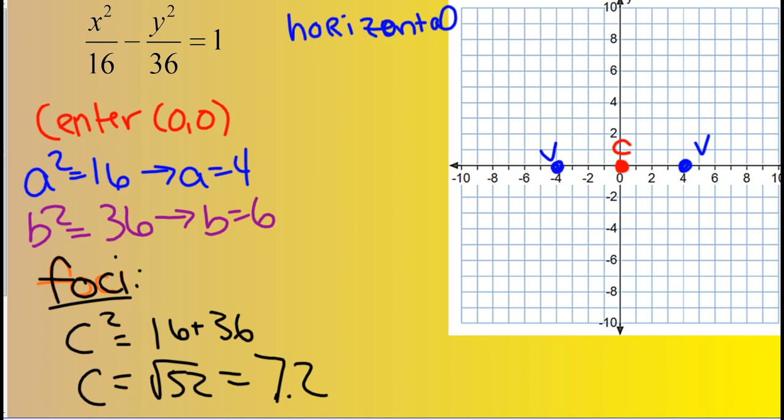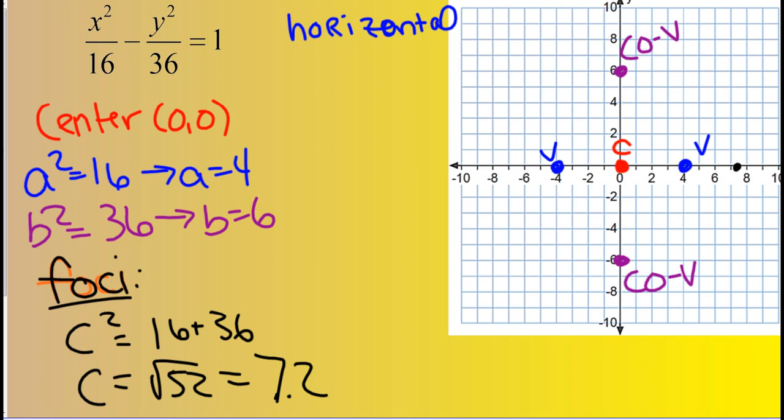Fantastic. I am counting up and down for my co-vertices, and notice that it's okay that your b squared is the bigger number and your co-vertices are further away than your vertices. That's fine. And then for each focus, I have to count 7.2.